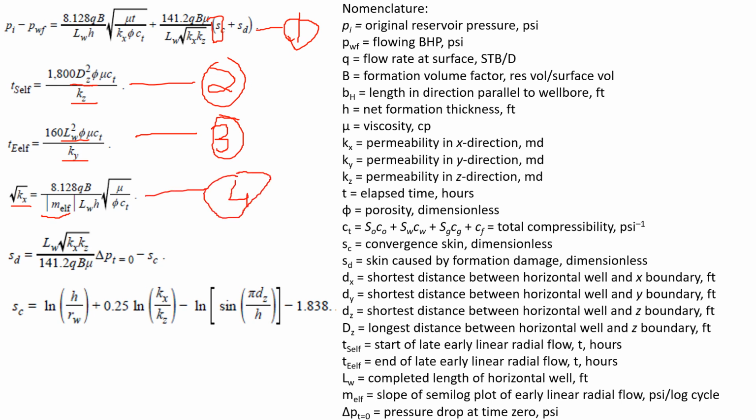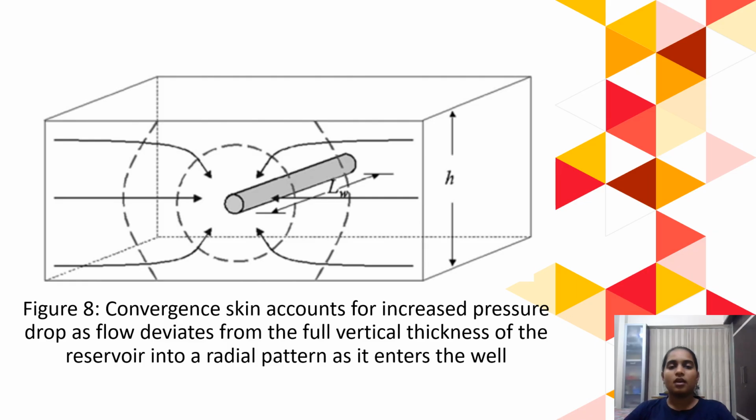To calculate the damaged skin, we can use equation 5. This equation includes a convergence skin, Sc, which is given by equation 6. This convergence skin is an additional pressure drop that acts like a skin effect caused by flow moving from throughout the entire length of the formation until it converges down to the small wellbore in the middle of the formation.